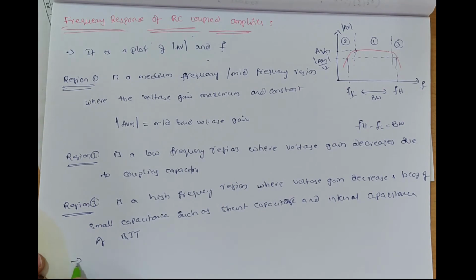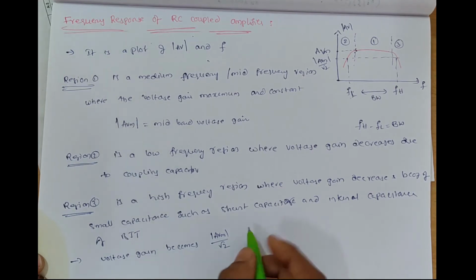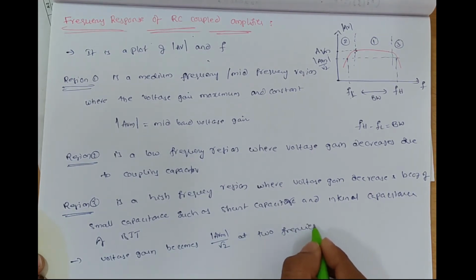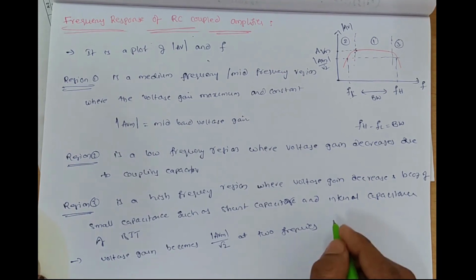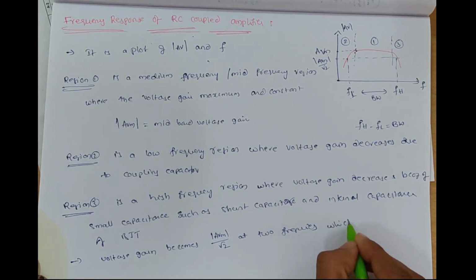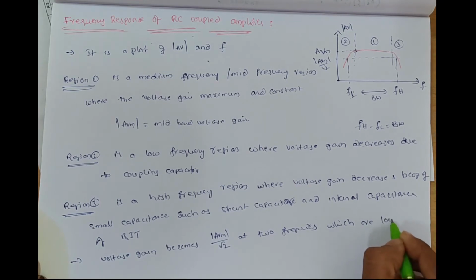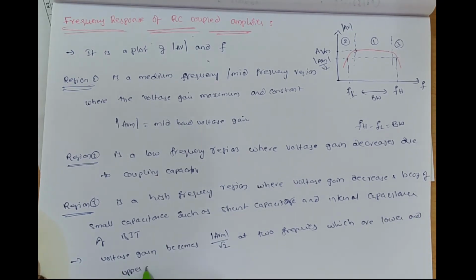So we can write voltage gain becomes AVM by root 2 at two frequencies, which are the lower and upper cut off frequencies.